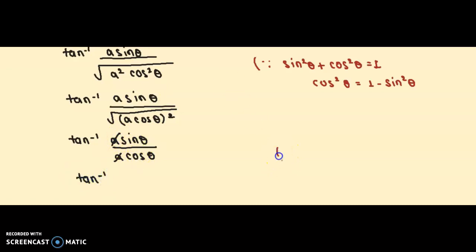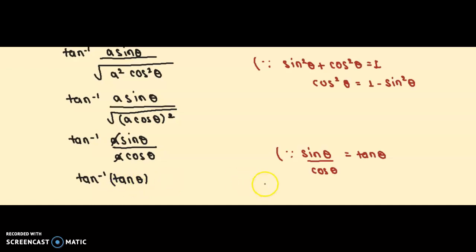We all know that sine theta upon cos theta is nothing but tan theta, so this becomes tan inverse tan theta.